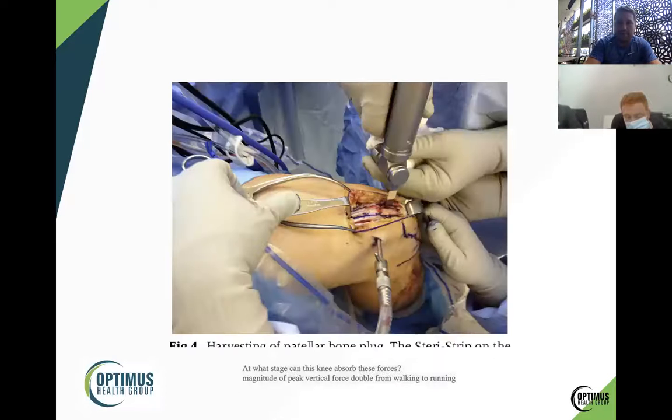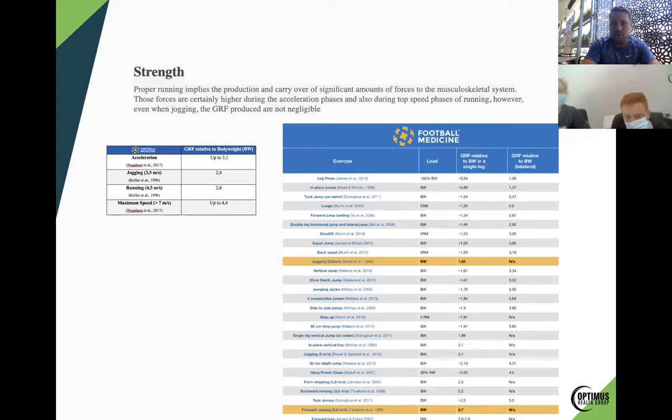So always going back to this, thinking about this knee: be it after 10 weeks, 12 weeks, or 14 weeks, and having a significant understanding of the physiological healing of this knee, can it absorb any of these things, right?